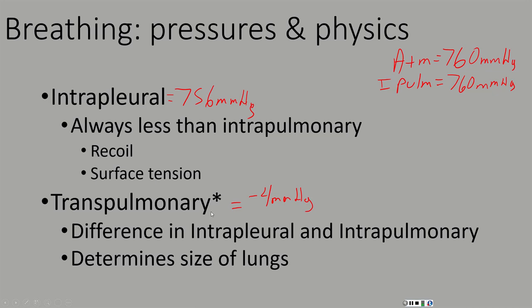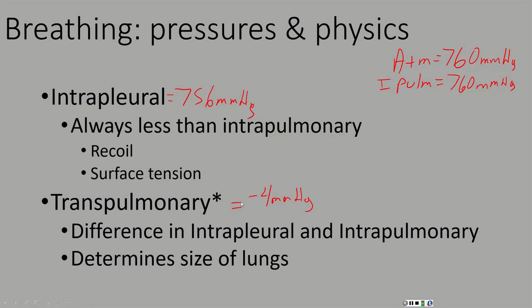When the transpulmonary pressure has greater magnitude, then it pulls on the lungs more. Let's say if the intrapulmonary pressure, instead of 756, let's say it was 750. Well, what's transpulmonary? At that point, it's -10.